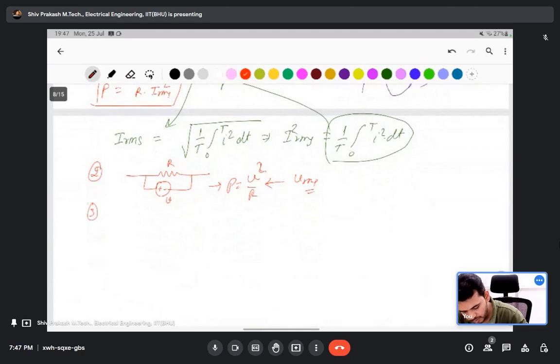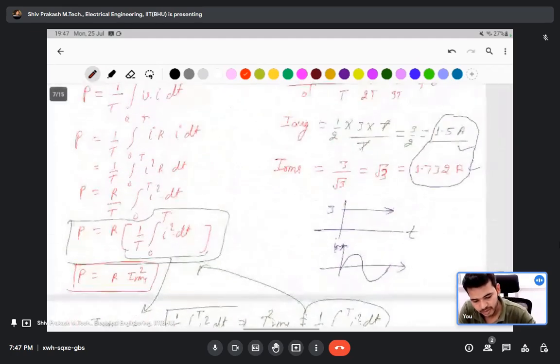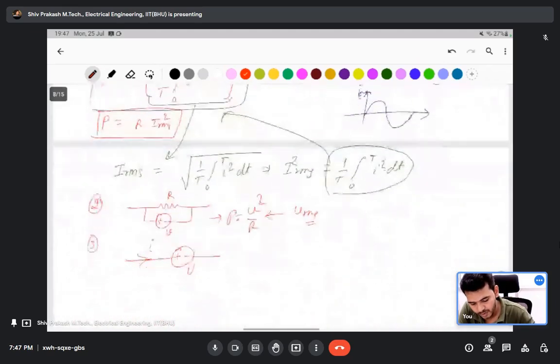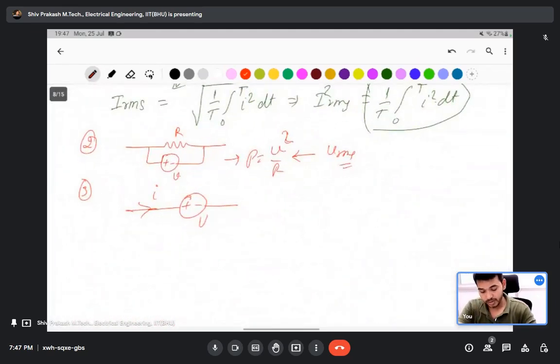But the third thing, if you see that your voltage source, constant voltage source V passing a current same as this current in a constant voltage, then what you will take, the RMS current or average current, is different.